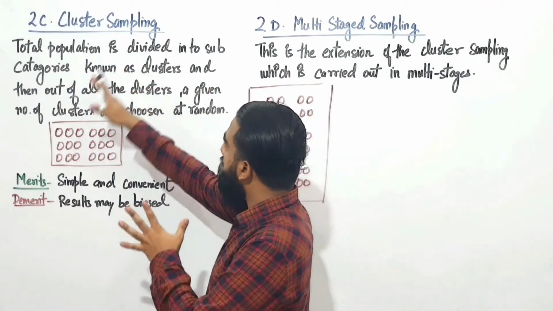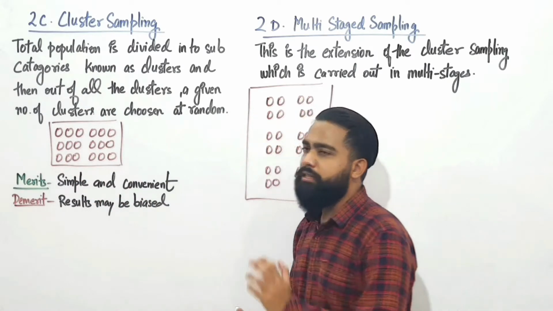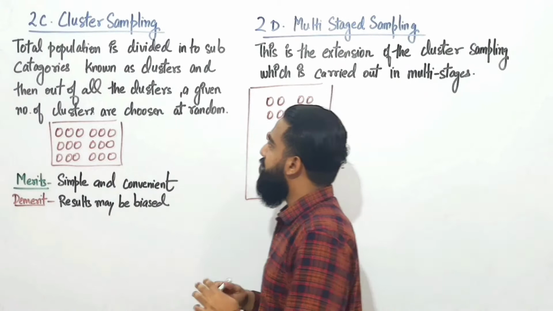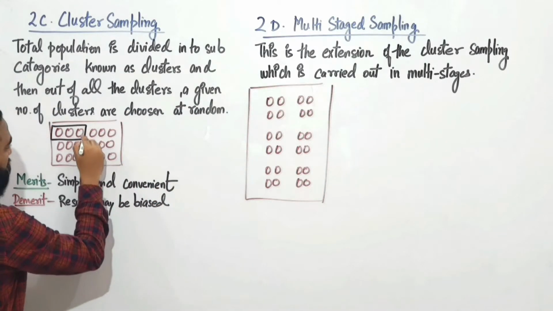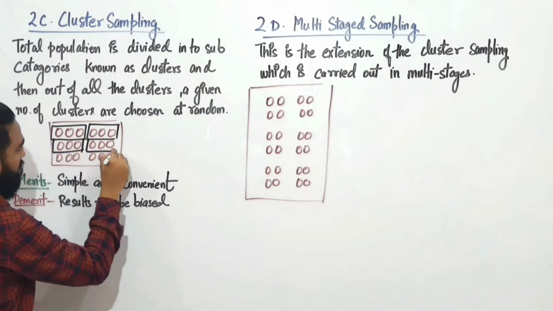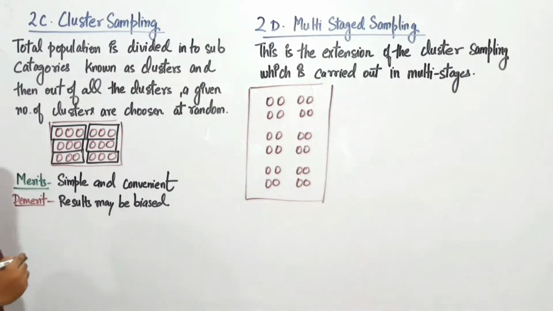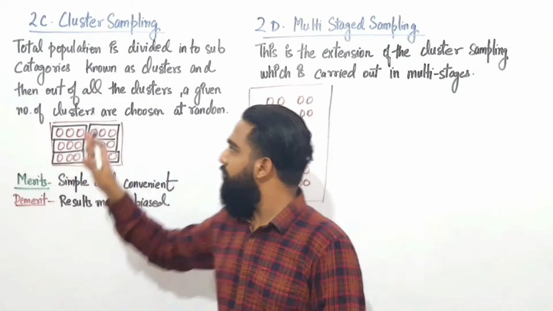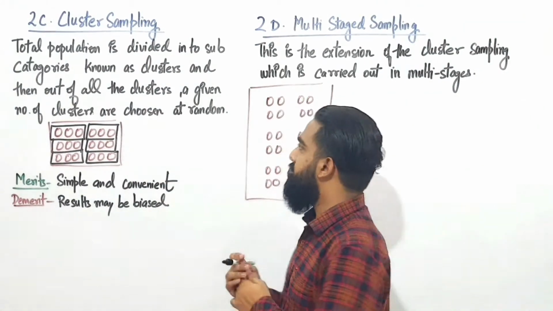Under cluster sampling, the total population is divided into subcategories which are known as clusters. I have divided them into clusters. Fine. I have divided them into subcategories, and these categories are known as clusters.